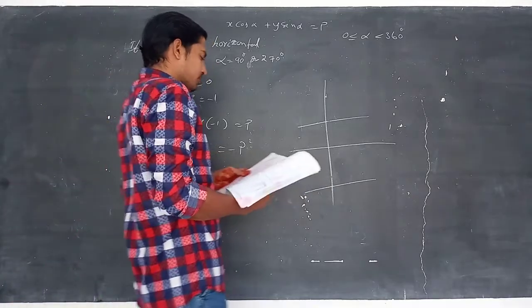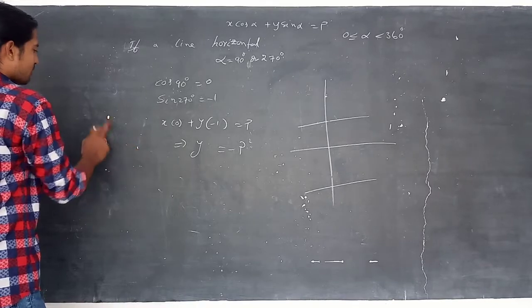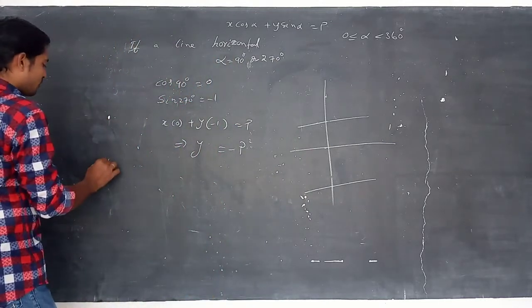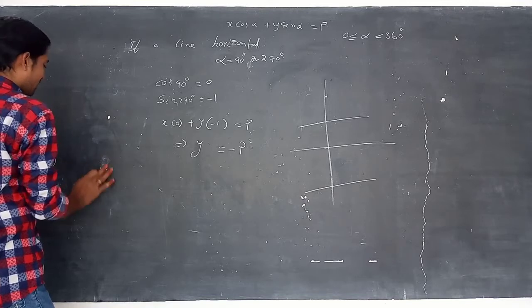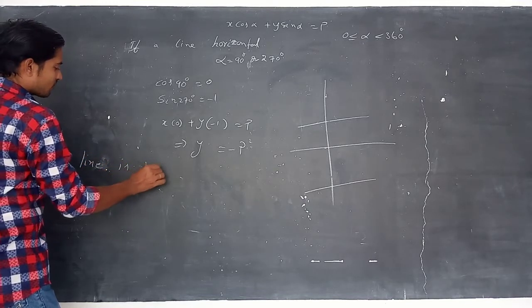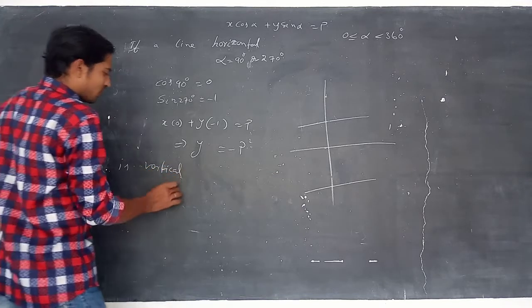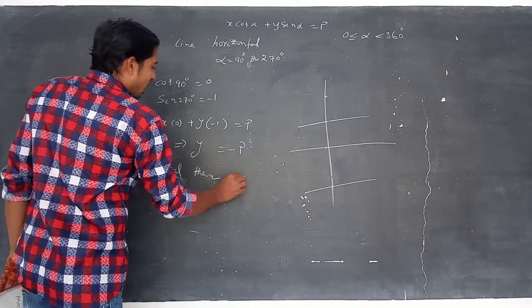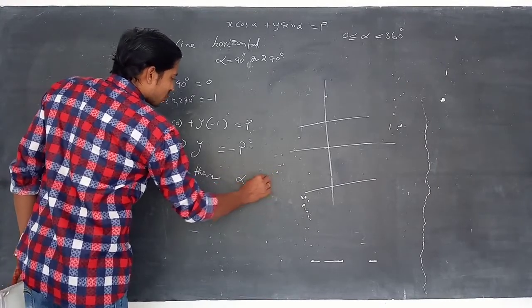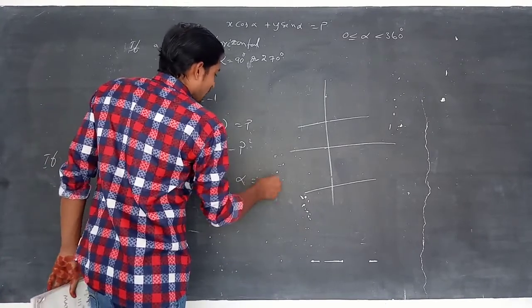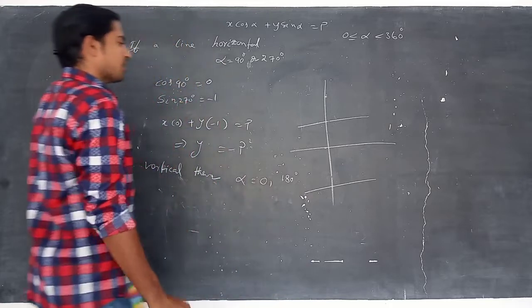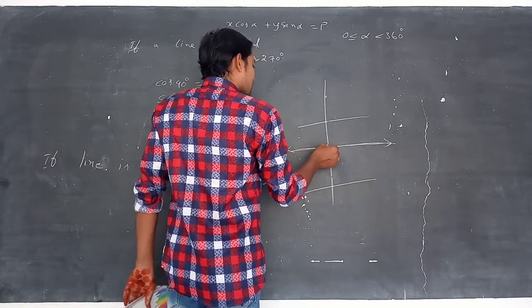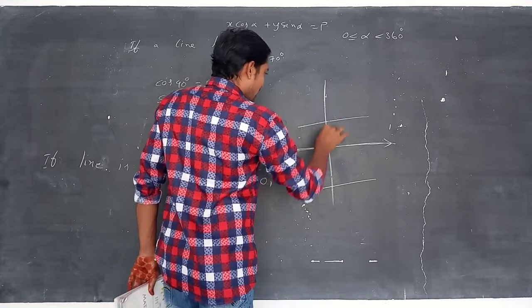Suppose the line is a vertical line. If a line is a vertical line, then alpha equal to 0 or 180 degrees.